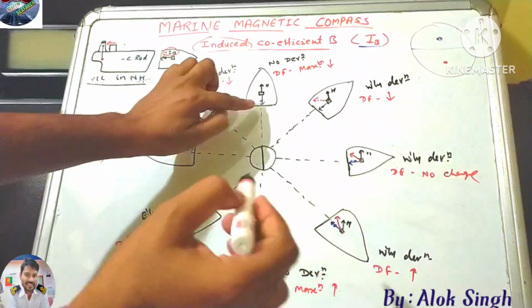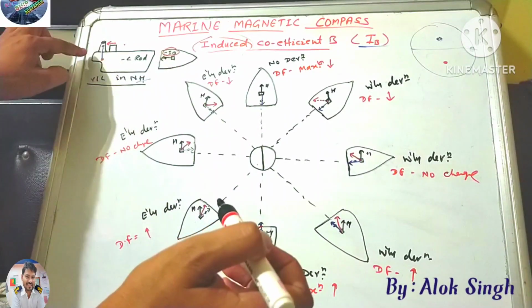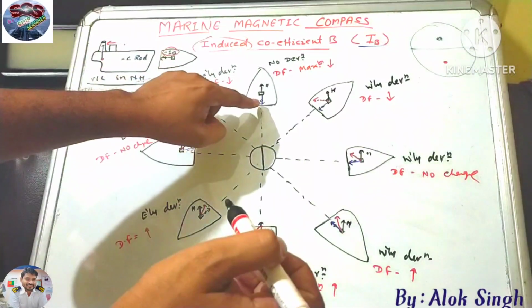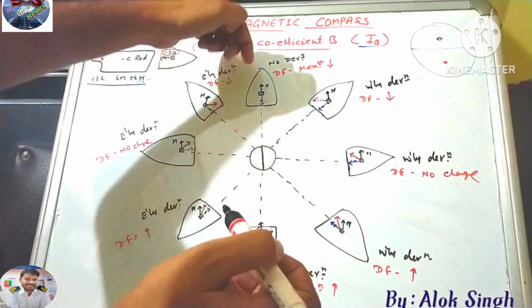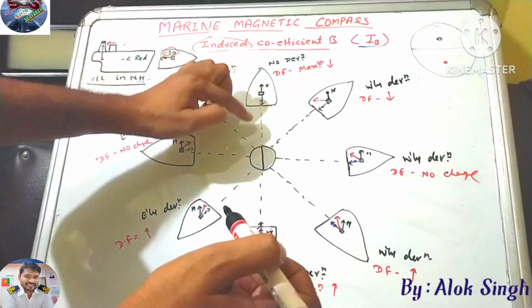Now the second thing is the induced magnetism, which is induced on our soft iron, that C rod, that is the funnel. Because of that, one pole is forming here, which is blue, on the south side, on the other side of our compass, on the aft side.